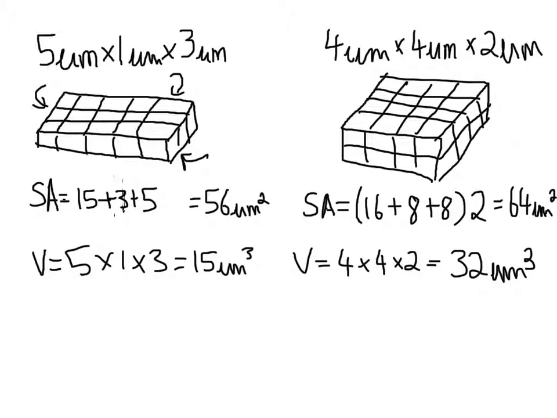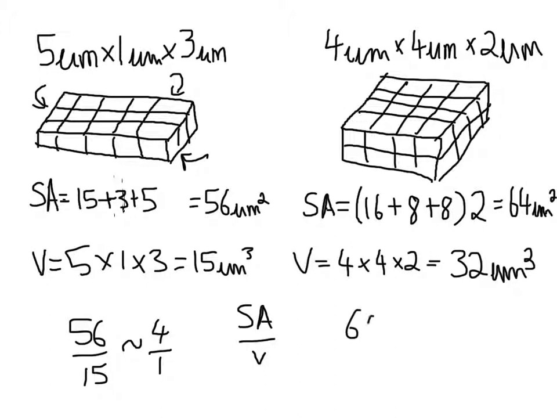So the ratio of surface area to volume in each case is different. For this cell, it's 56 to 15, which is very close to 4 to 1, while for this cell, it's 64 to 32, which is exactly 2 to 1.